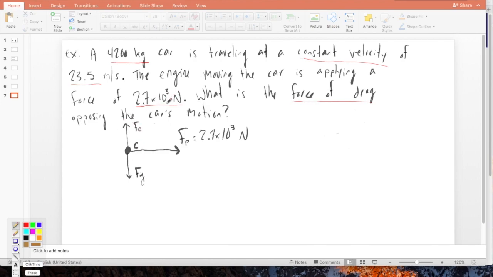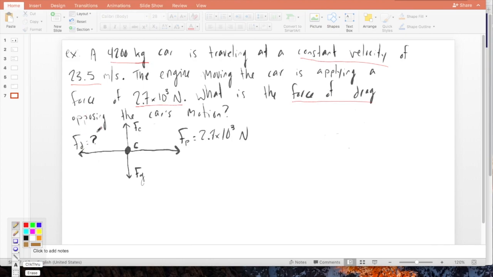We're not being asked about them. And I know that there's a force of push coming from the motor, and opposing the motion, going back the other way, there is a drag force. And I'm being asked to find that drag force. What is it going to be?